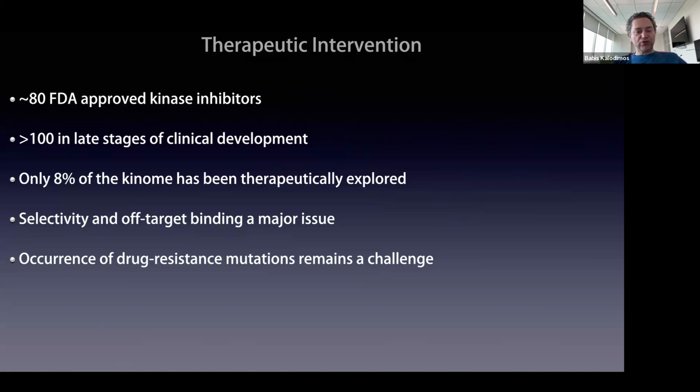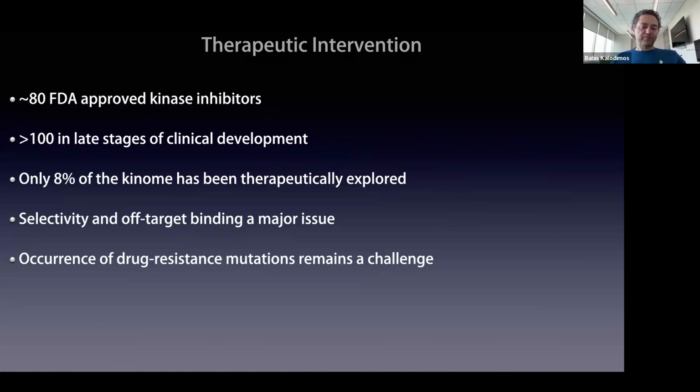One of the major issues when someone develops small molecules for kinases is selectivity, and I'll give you some insight into why this happens. Of course, if the selectivity is poor, given that you have 500 plus kinases, you have off-target binding, which can cause all kinds of different side effects.